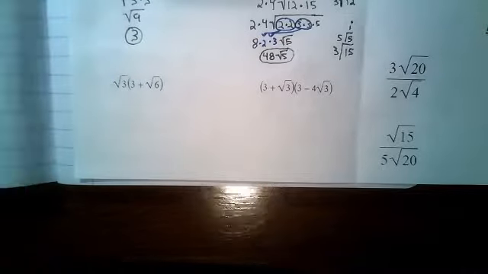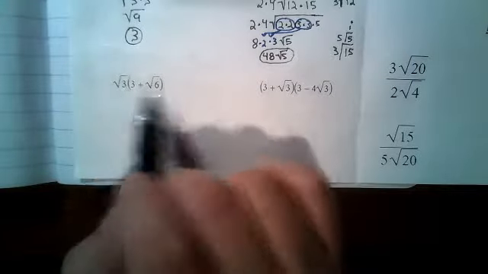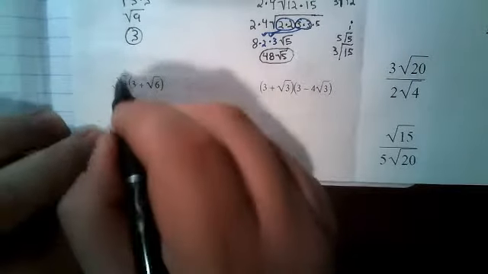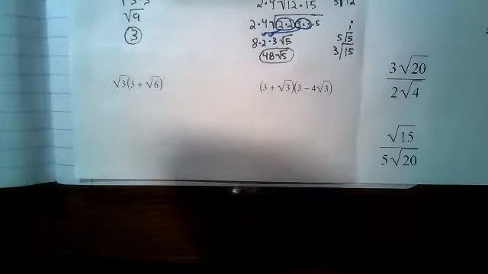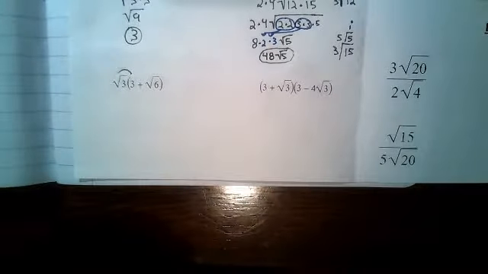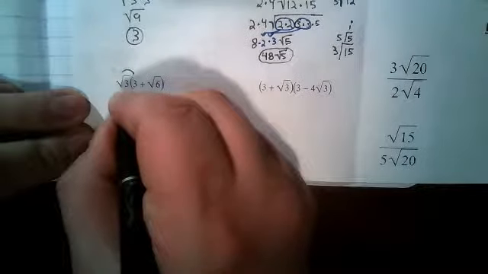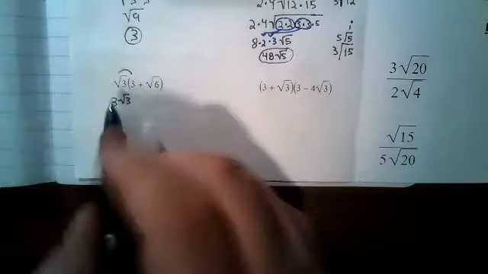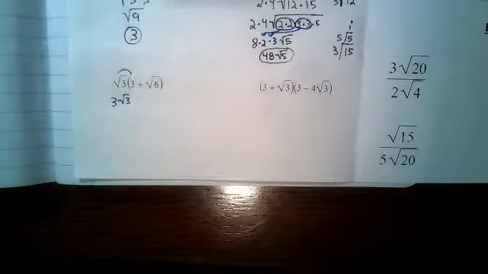Our next example is still sticking with multiplication, but now we have to distribute because we have these grouping symbols here. So I'm distributing in the square root of 3. I've got the square root of 3 times 3, which would simply give me 3 square root of 3. It would be like saying square root of 3 times x, I just put the x on the outside.